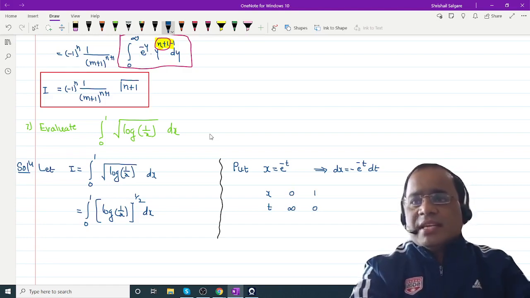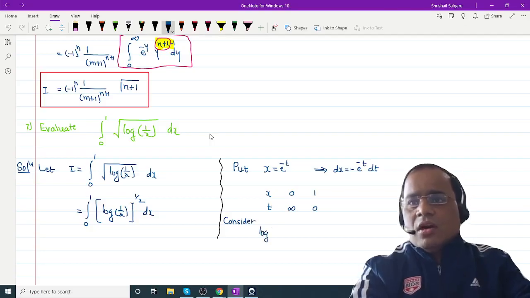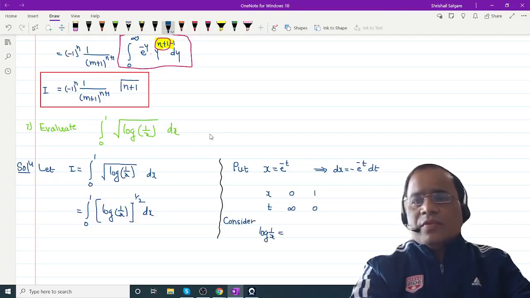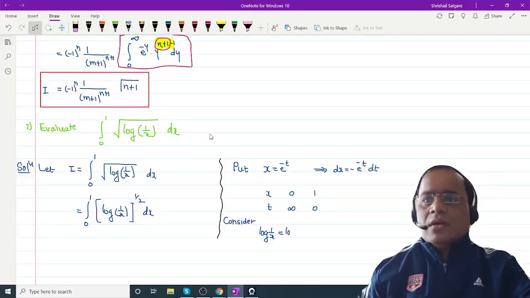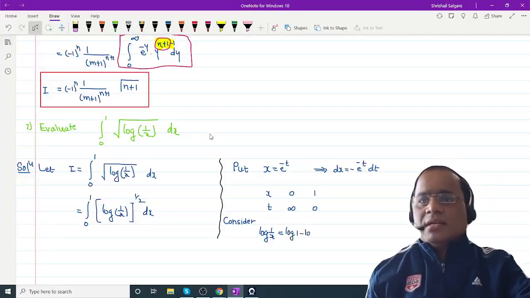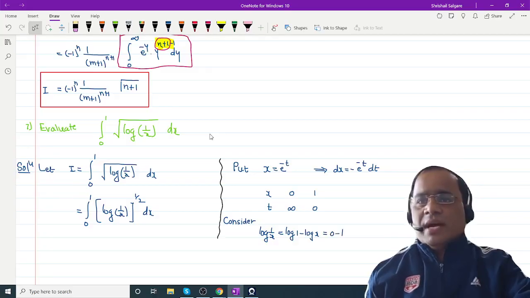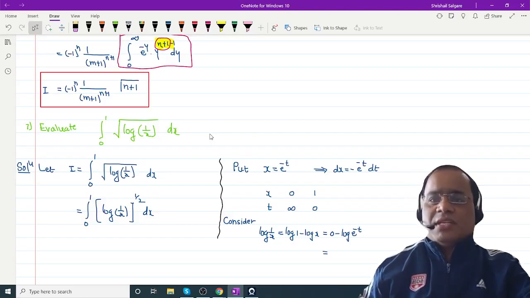But in this case you have to calculate log of 1 by x. So consider log of 1 by x, which can be written as log 1 minus log x, that is log 1 is 0, minus log of e to the power minus t. And we know that logarithm and exponentials are inverses of each other.